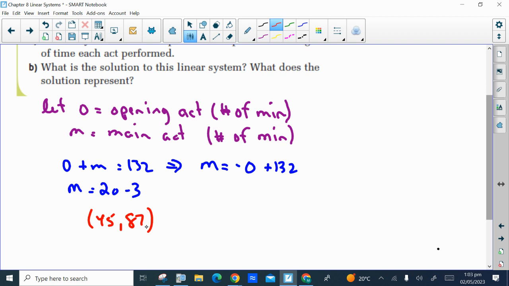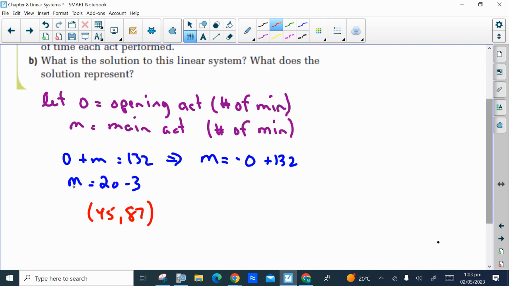Which, if we look at our equations, the way we have it set up, M is by itself. Normally it's Y equals, our equation has M equals. So M will be where the Y normally occurs, the second number. That means the first number is O. That is the independent variable. So this means the opening act was 45 minutes, the main act was 87 minutes. That's what this means.